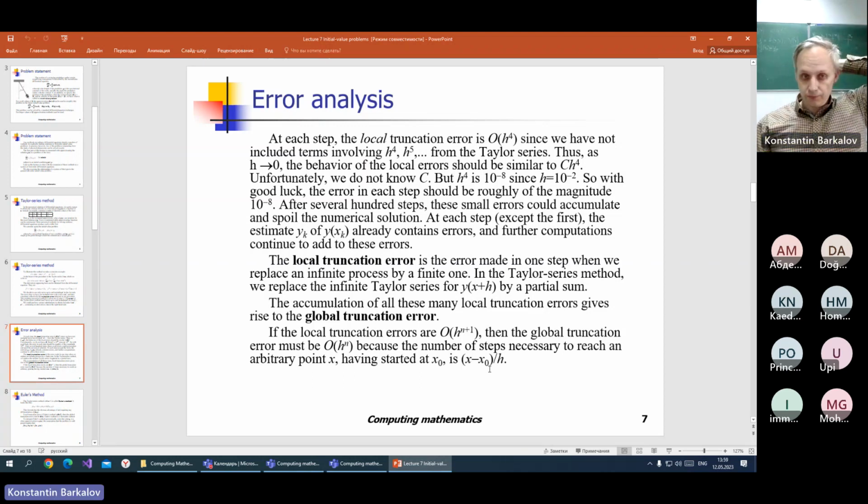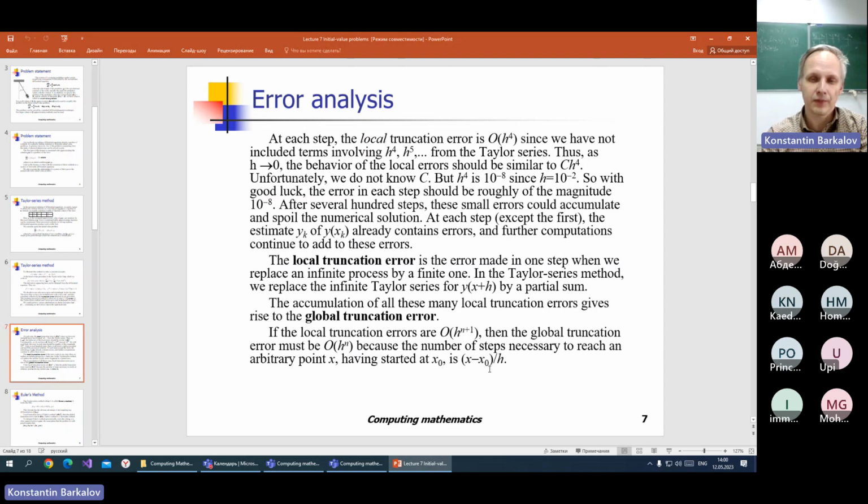So, with high probability, the error in such a step should be roughly of magnitude 10 to the power minus 8. But after several hundred steps, these small errors could accumulate and spoil the numerical solution.